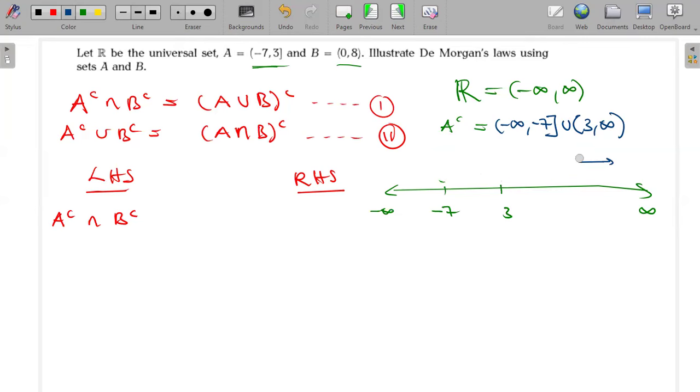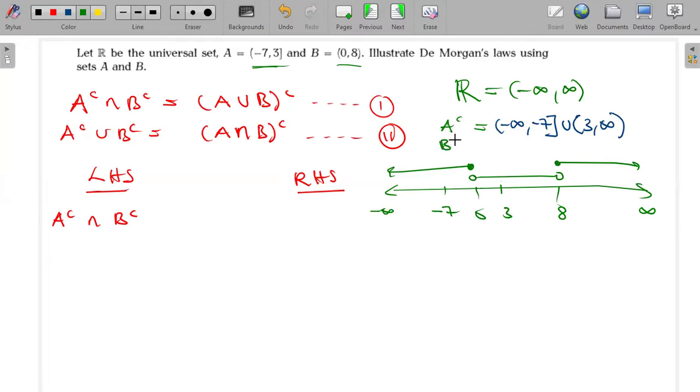Next we find the B complement. We say our 0 is here, and then we have 8 there. It's open here, open there. So the complement will be closed there, all the way there, and closed there, all the way there.